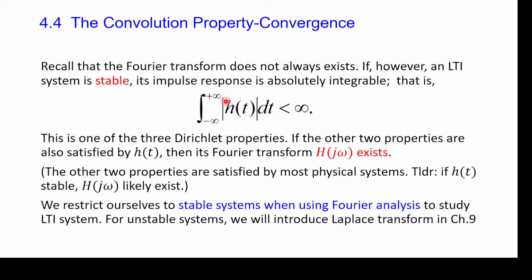Okay? If our small h of t is absolutely integrable, then we satisfy one of the three Dirichlet conditions, and we know that if the other two Dirichlet conditions are satisfied, then our big H exists and it converges, and that's nice.